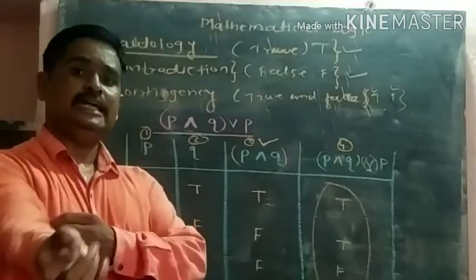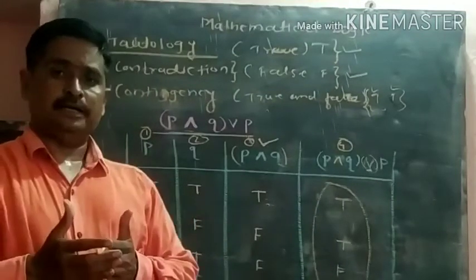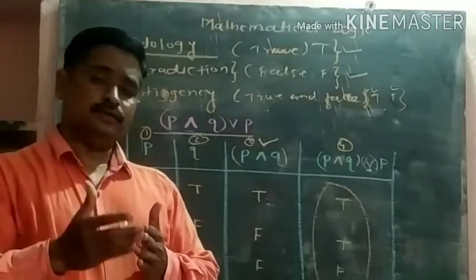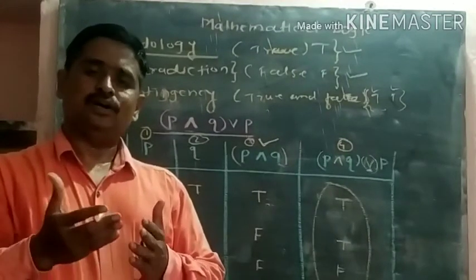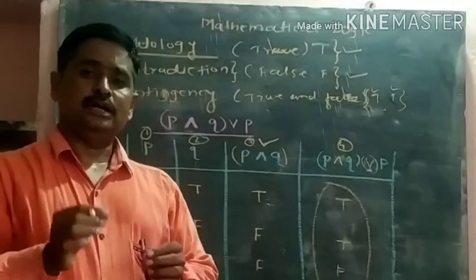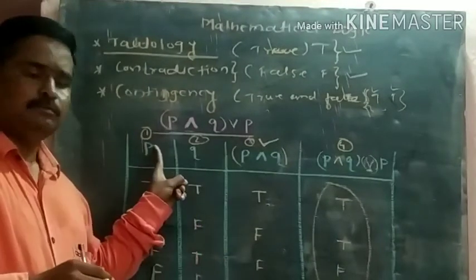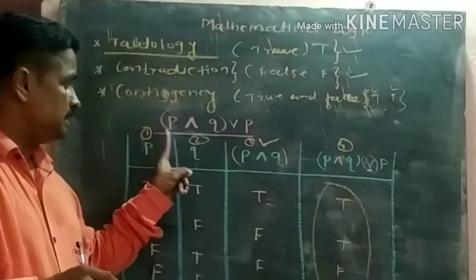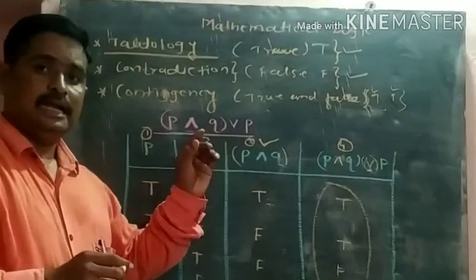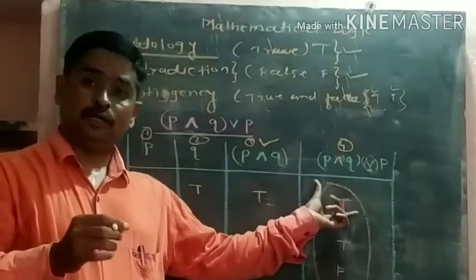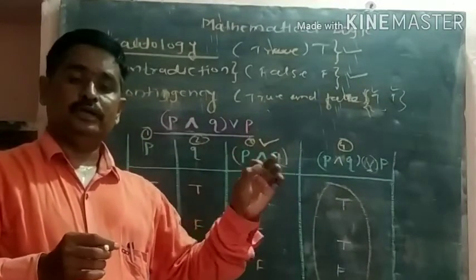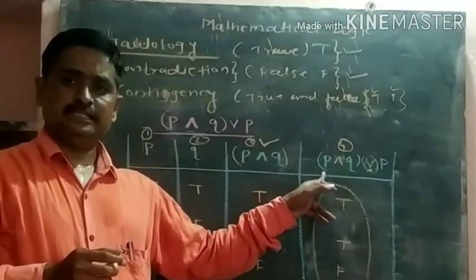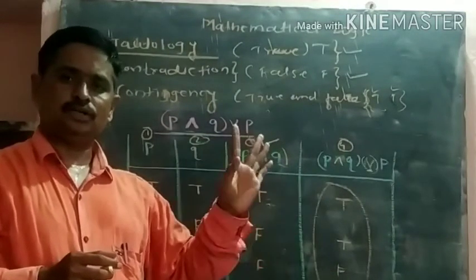So while we verify whether the given statement is a tautology, contradiction or contingency, we have to give the number of the respective column, and after this we have to conclude whether the statement pattern is a tautology, contradiction or contingency.